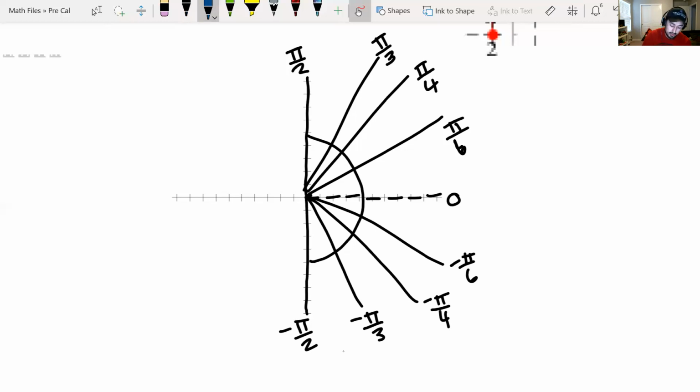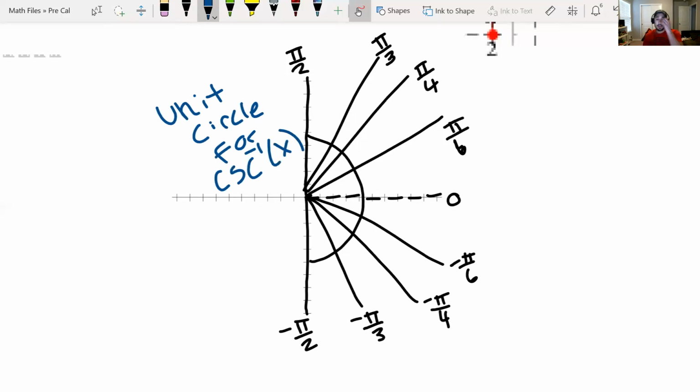So once again, this is the unit circle for cosecant inverse. This is where the inverse cosecant function lives.